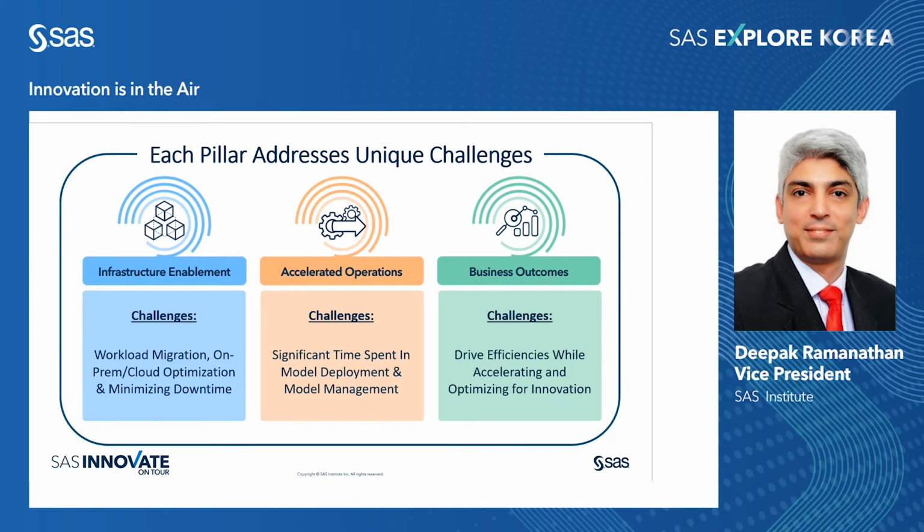In each of these areas, there are some unique challenges and opportunities to consider. Within infrastructure enablement, we need to be looking for opportunities in optimizing infrastructure and workloads, and the costs and benefits to migrate those workloads, whether that be a full migration to single cloud, multi-cloud, or hybrid on-premise and cloud infrastructure.